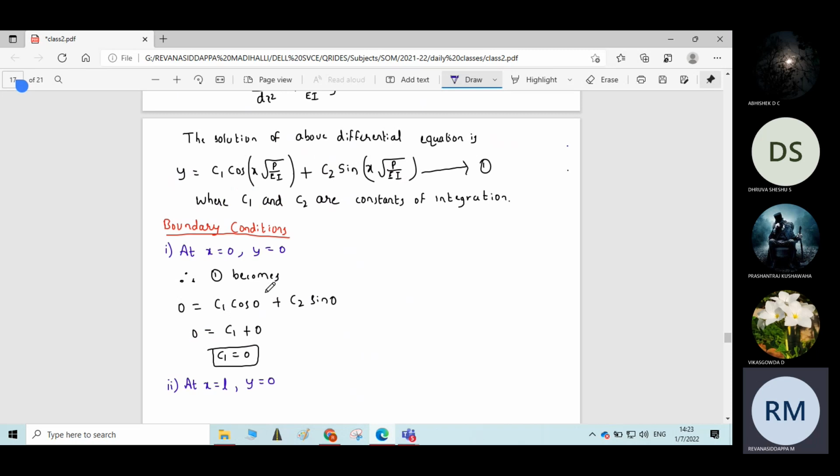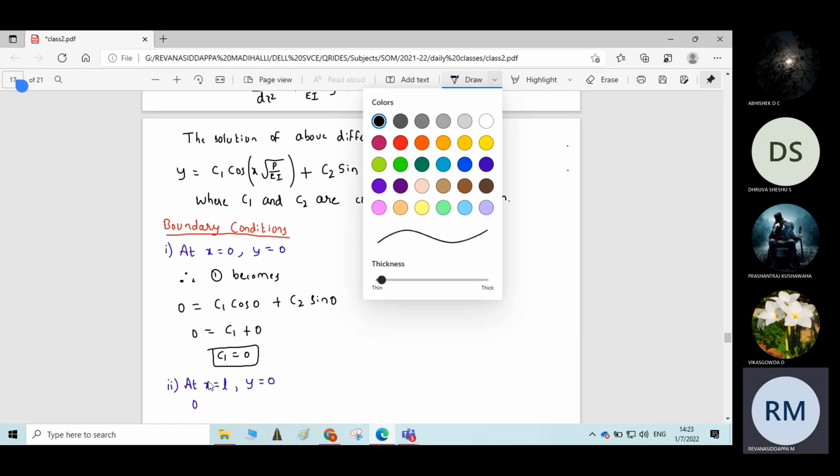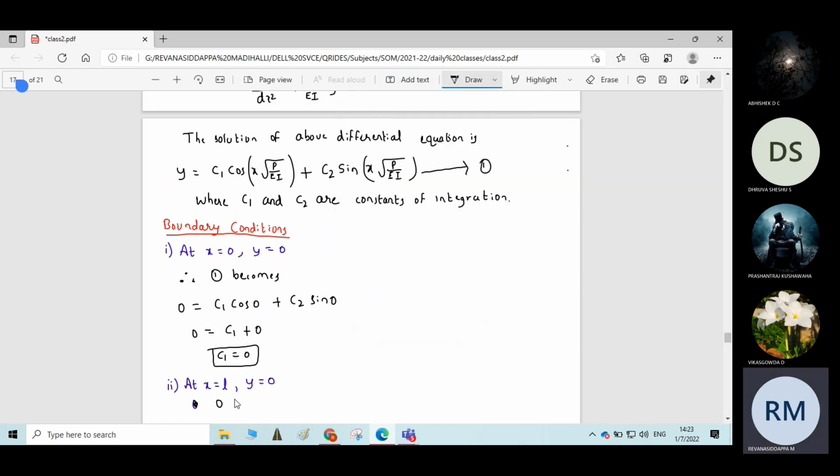So 0 equals C1 cos of L root P by EI plus C2 sin of L root P by EI. C1 value is 0, so you can write 0 here.